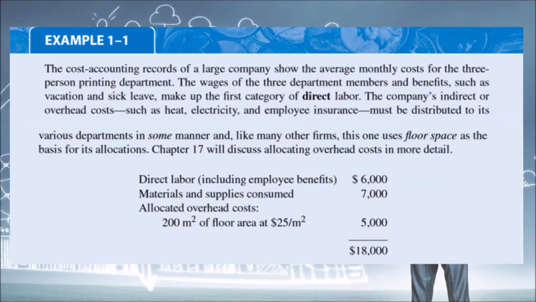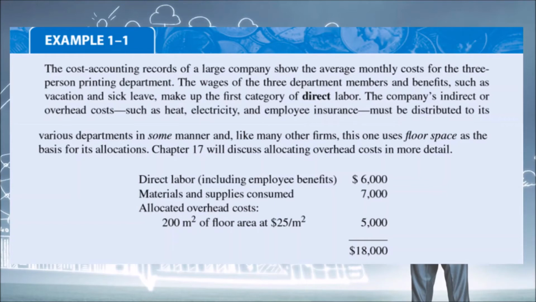The cost accounting records of a large company show the average monthly cost for the three-person printing department. The wages of the three department members and benefits, such as vacation and sick leave, make up the first category of direct labor. The company's indirect or overhead costs, such as heat, electricity, and employee insurance, must be distributed to its various departments in some manner, and like many other firms, this one uses floor space as the basis for its allocation.